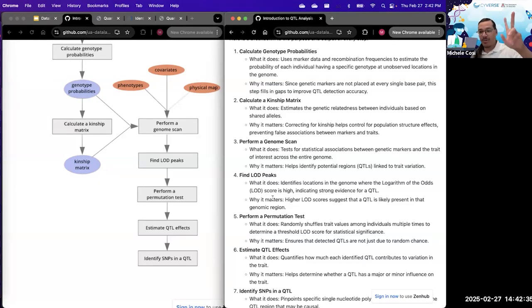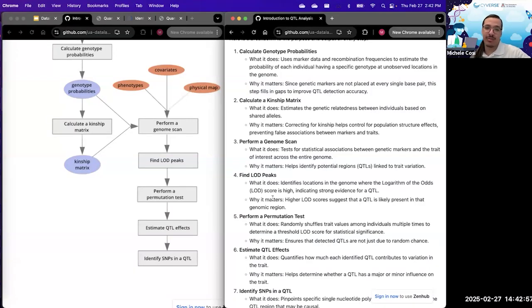A high, quote unquote, LOD is three. So that's a good thing if you have an LOD of 3. Why it matters: a higher LOD score suggests that a QTL is likely present in the genomic region, so you want to look into the genomic region a little more.